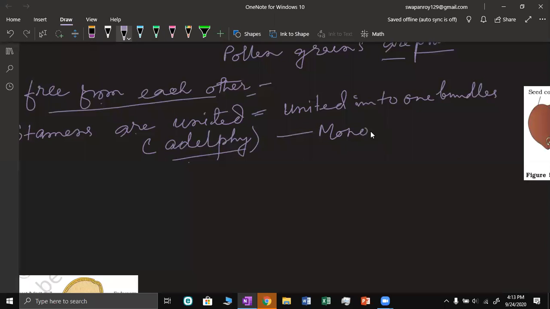Mono means one, monoadelphous. And this monoadelphous example is the China rose, cotton, lady's finger.